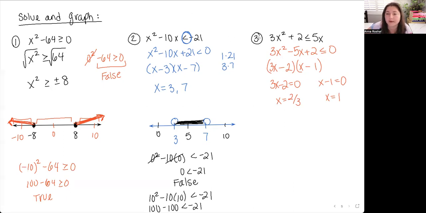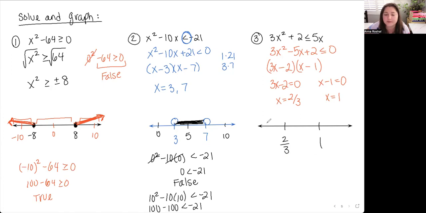So when I do have my number line, since this is exactly what the number line looks like on the paper, I can just go in and make 2 points. I know that 2/3 is smaller than 1, so I'm going to put 2/3 in here, and I'm going to put 1 in here.